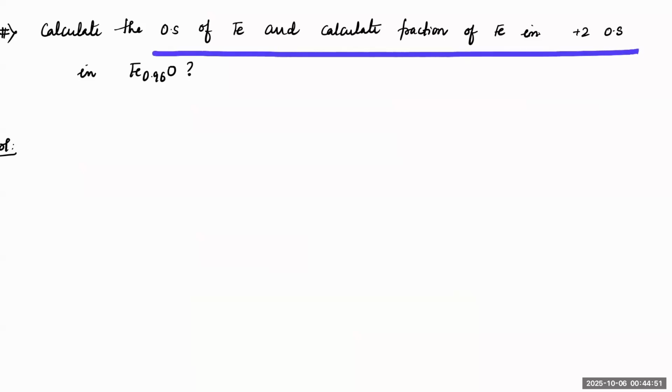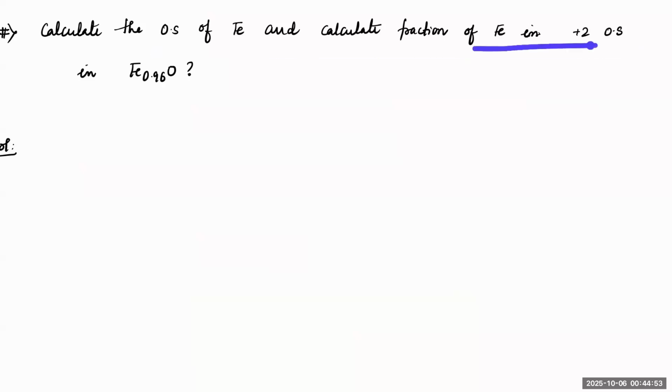Calculate the oxidation state of iron and calculate the fraction of iron in +2 oxidation state in Fe0.96O. Okay. Done?